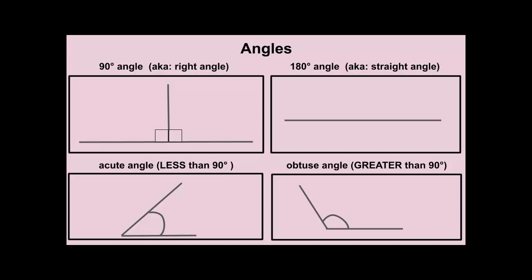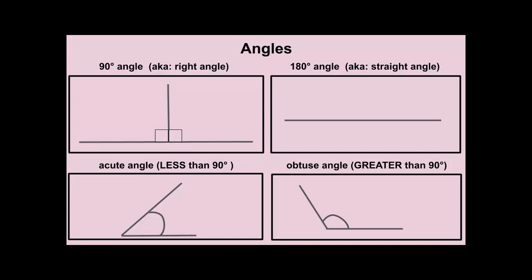Now have a seat again and look at the box in the upper right. As you can see, that is a 180-degree angle. It's a straight line. So if you are facing one direction and you turn clear around and face the opposite direction, you have completed a 180-degree turn. This angle is also known as a straight angle.